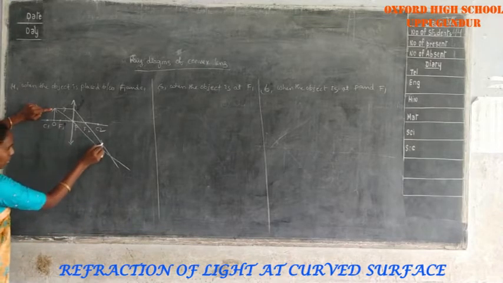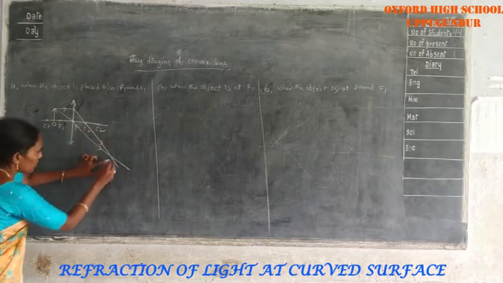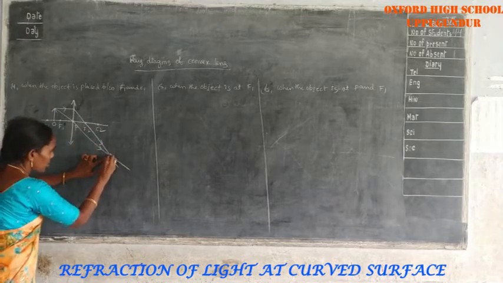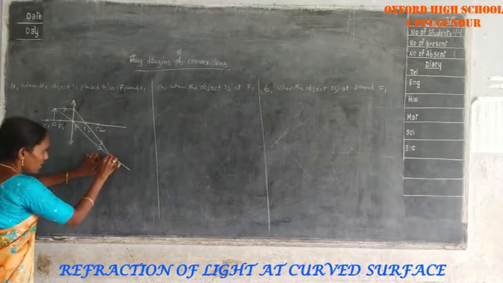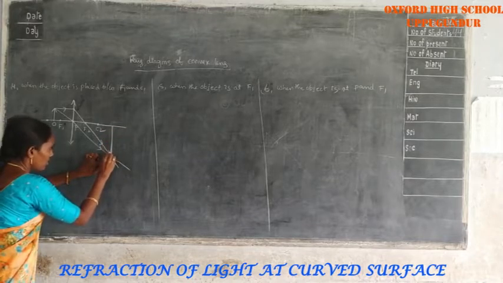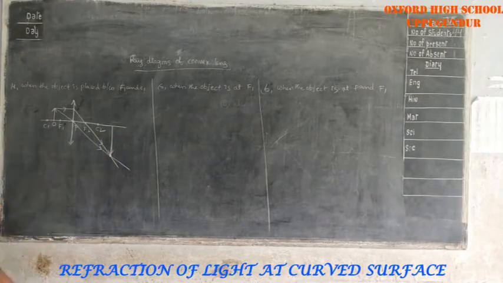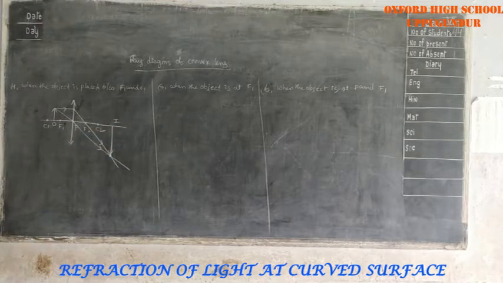This is the first refracted ray and this is the second refracted ray. The two refracted rays meet at a point here. Now draw a straight line from this point to the principal axis. This indicates the image.